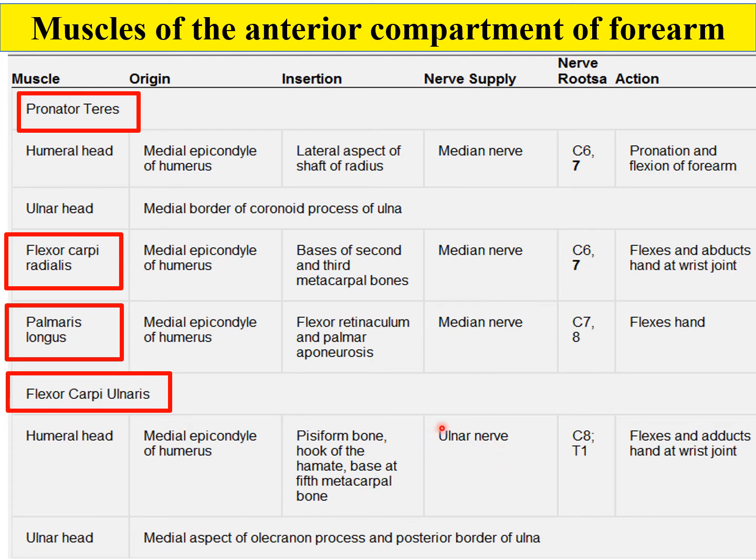This muscle is supplied by the ulnar nerve. So that is a variation. Most of the muscles of the anterior compartment of the forearm are supplied by the median nerve, with the exception of flexor carpi ulnaris, which is supplied by the ulnar nerve. The function is flexion and adduction of the hand at the wrist.